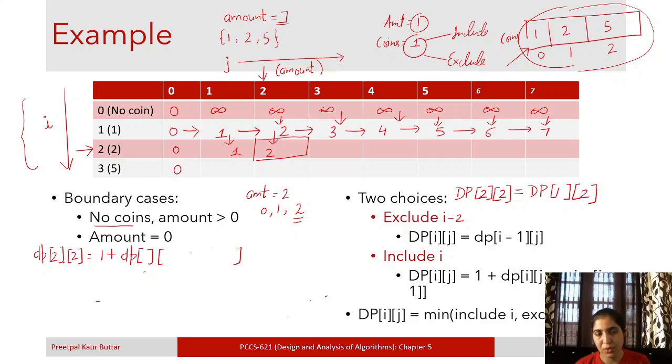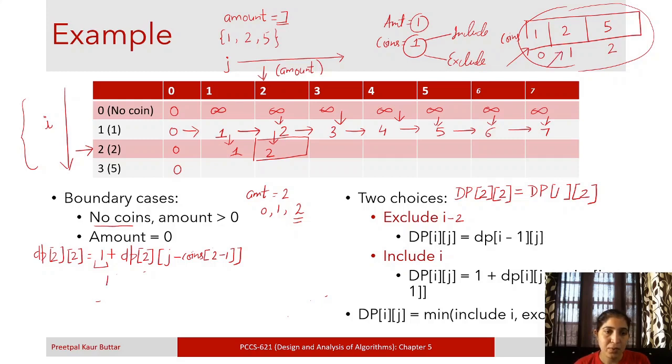So you choose this coin, and 1 coin is added to the total number of coins. And when you add this 2 rupee coin, what is the amount left? j, this will be 2. j minus the value of the 2 rupee coin, that is 2 minus 1. It will be available in coins at location 2 minus 1, that is at location 1.